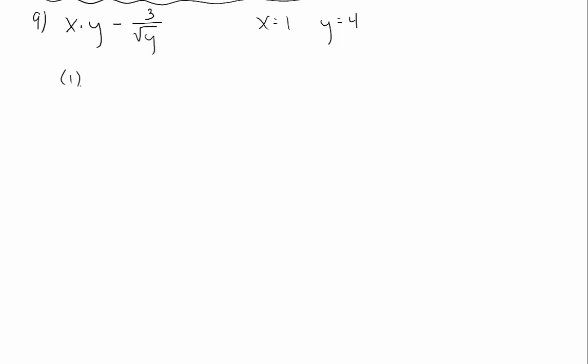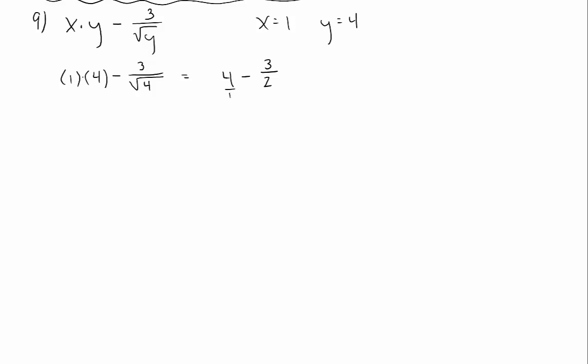So we simply have 1, and you don't need to put in the parentheses if you don't want to. 1 times 4 minus 3 divided by the square root, and y again is 4. So then we just have, well, 1 times 4 is simply 4 minus 3, and the square root of 4 we know is 2. So now, it was fairly easy to get to this point, and what we're doing here is we're just adding fractions, or a whole number and a fraction.